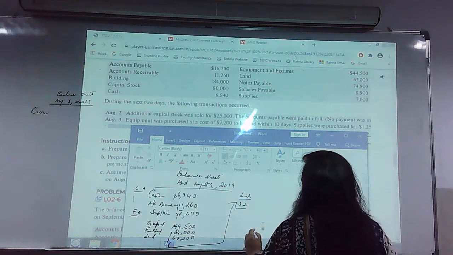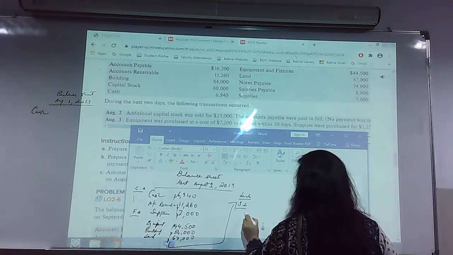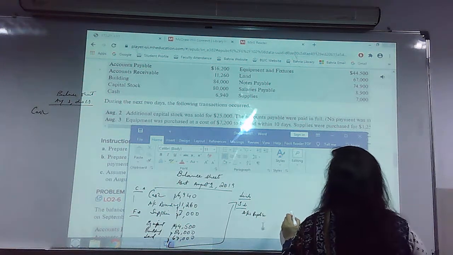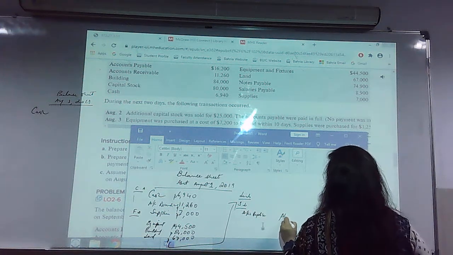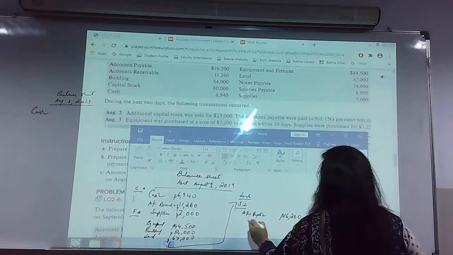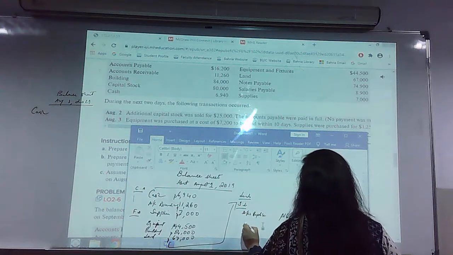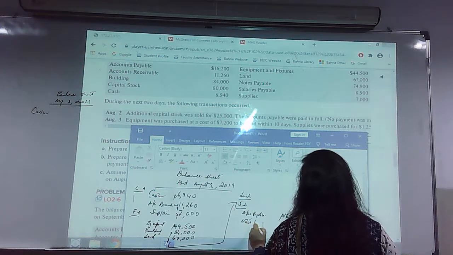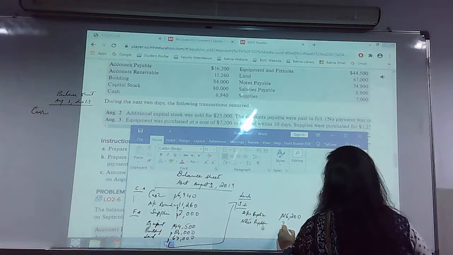The term that you use is short-term. We have accounts payable for $16,200. Then you have notes payable. Notice that they are short-term liabilities, 74,900.